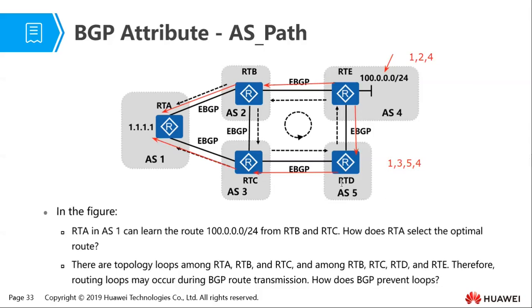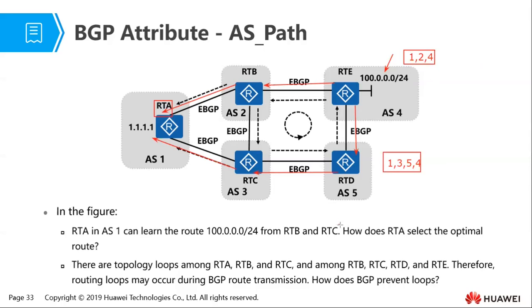So what happens is that the route that will be accepted by RTA is the route that has the shortest AS path attribute. So you can see this one is shorter than this one.